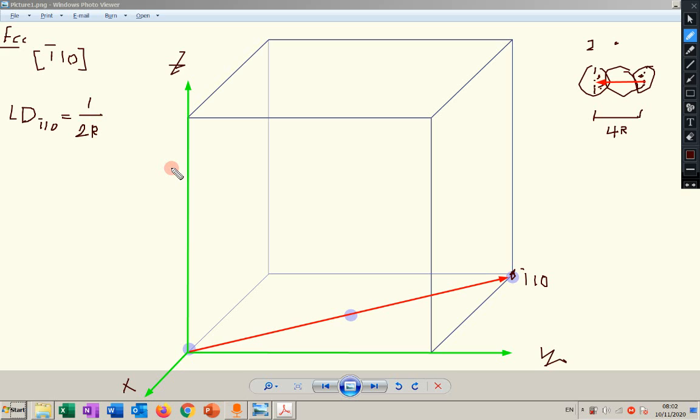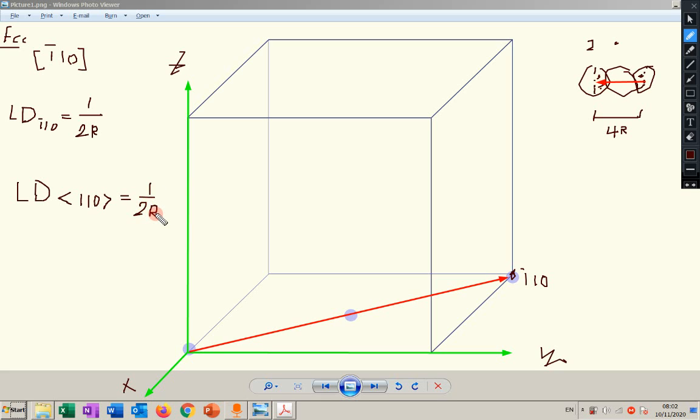So how do we present a family of directions? We present them in this manner. We can say the linear density of, using this angle bracket, 1, 1, 0. All of them have the same density, which is 1 over 2r.